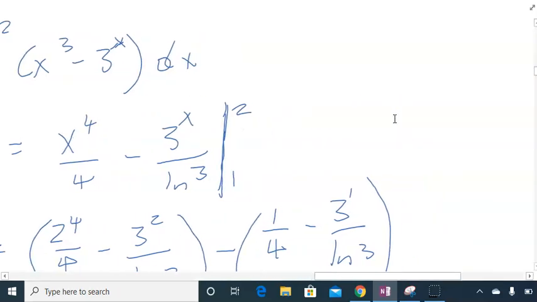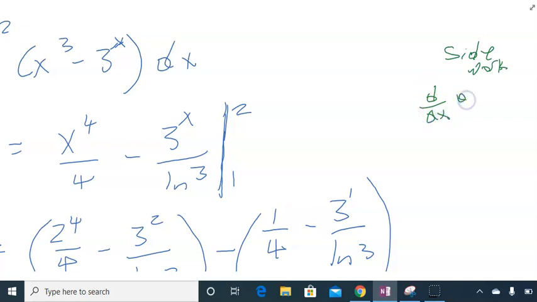For 3 to the x, now that is a little different animal. You have to remember when you did the derivatives of exponential functions, and then what you want to do is some side work. Remember that d/dx of a to the x was equal to a to the x ln of a.